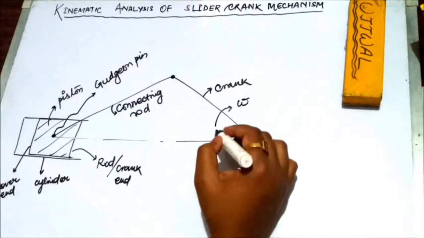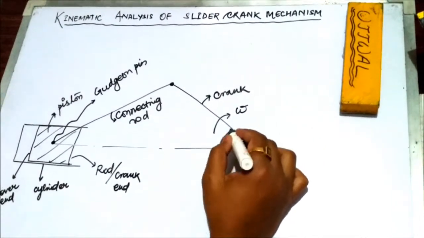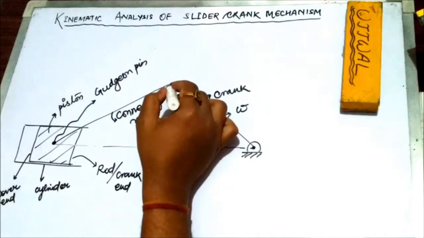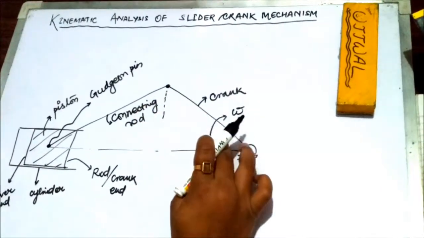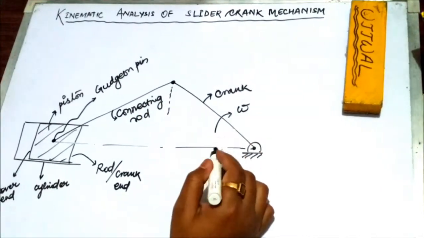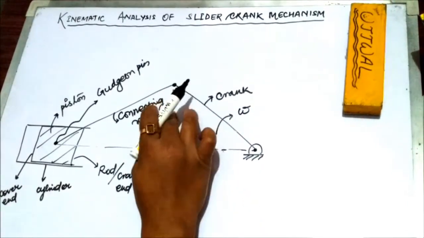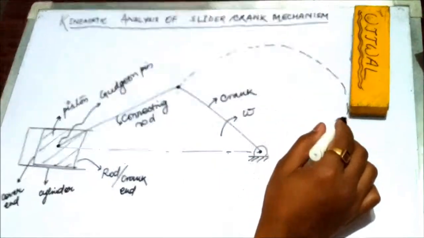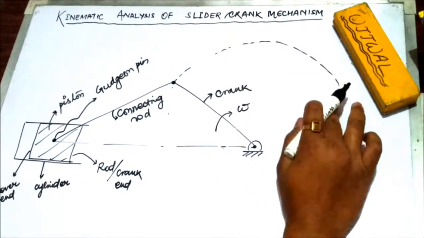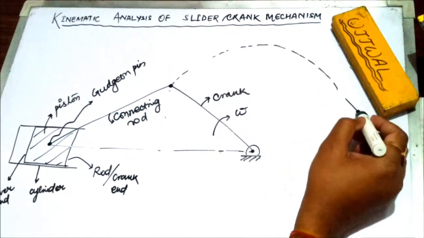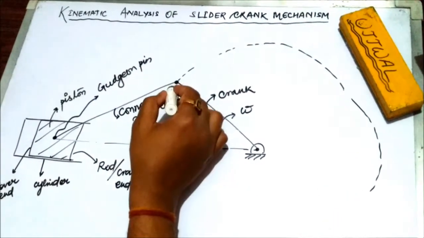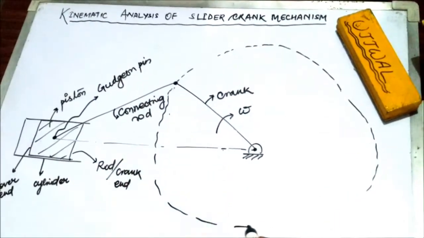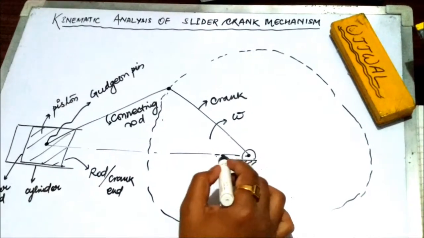Let us suppose the crank is rotating with angular velocity omega. We will discuss all the terms related to this. I have drawn a rough path along which the crank will rotate, and the crank length will be the radius of this circle.